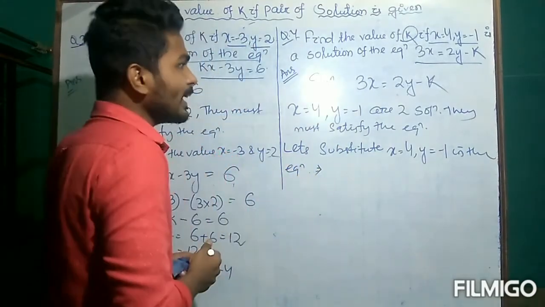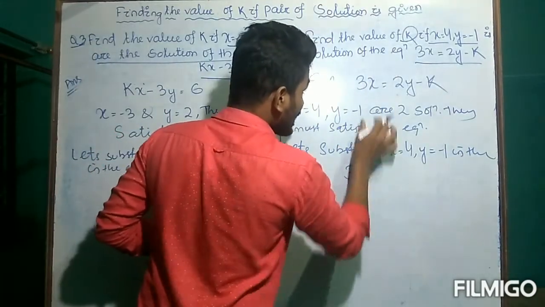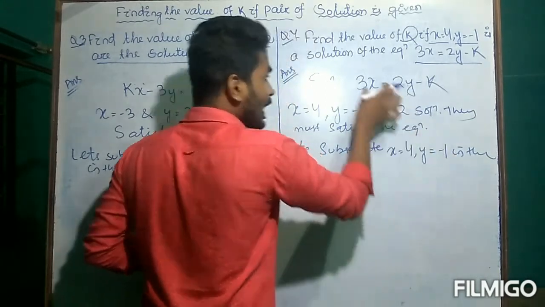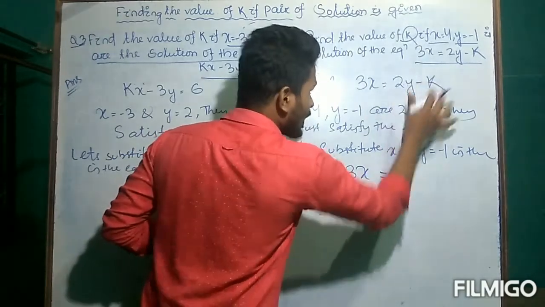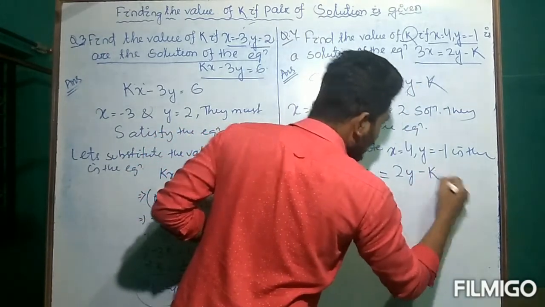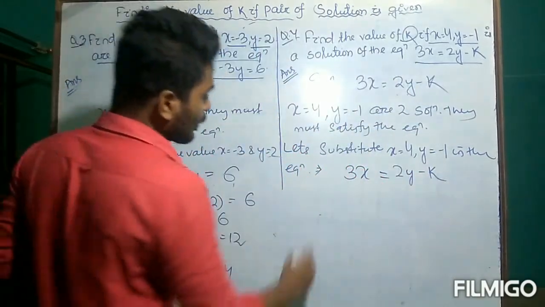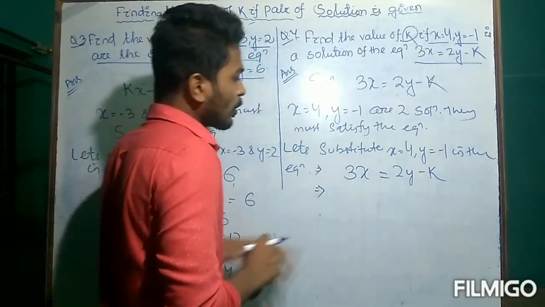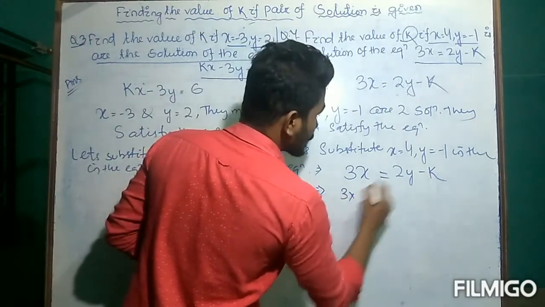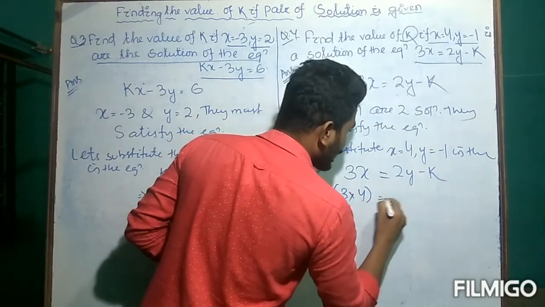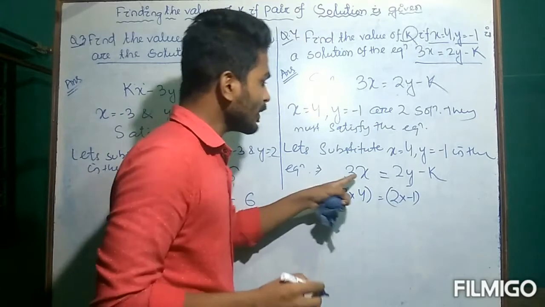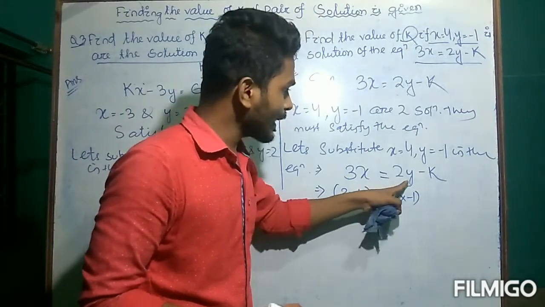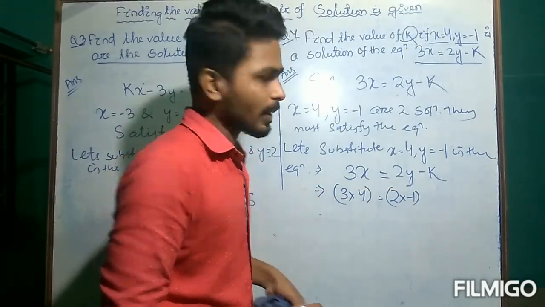So our equation will be, see, if we substitute these two values, then LHS is equal to RHS. Now replace the value of x as 4 and the value of y as -1.